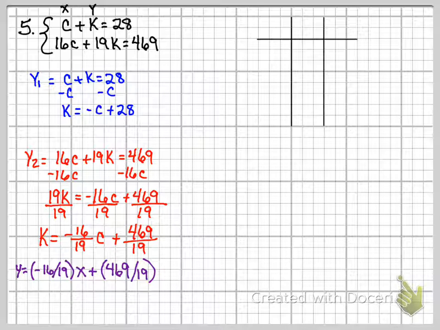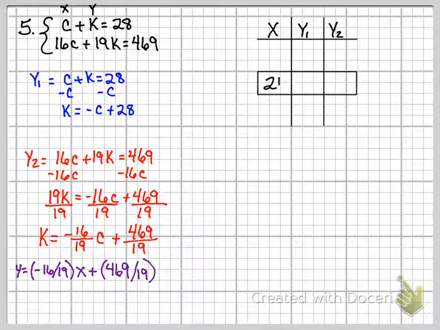Now, when we look at our table, we know our answer is going to be somewhere between 0 and 28. So we're just going to start looking, and we will end up finding our answer at 21, and Y is 7 at 21.